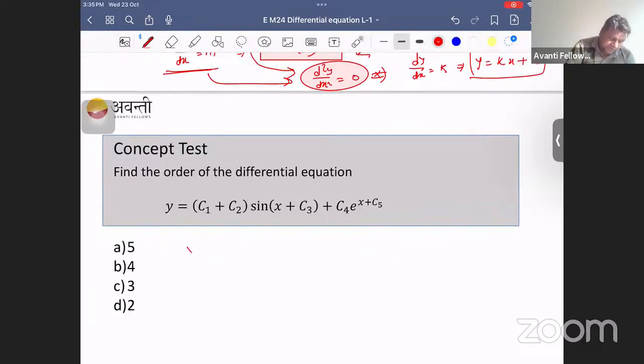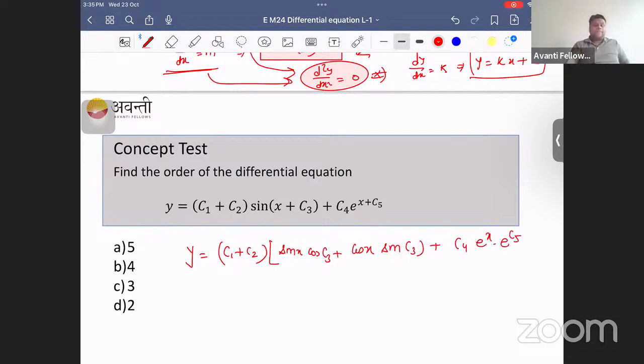So it is y equals c1 plus c2 times sin of x plus c3, which can be written as sin x cos c3 plus cos x sin c3, plus c4 e to the power x into e to the power c5. I can write it like this.